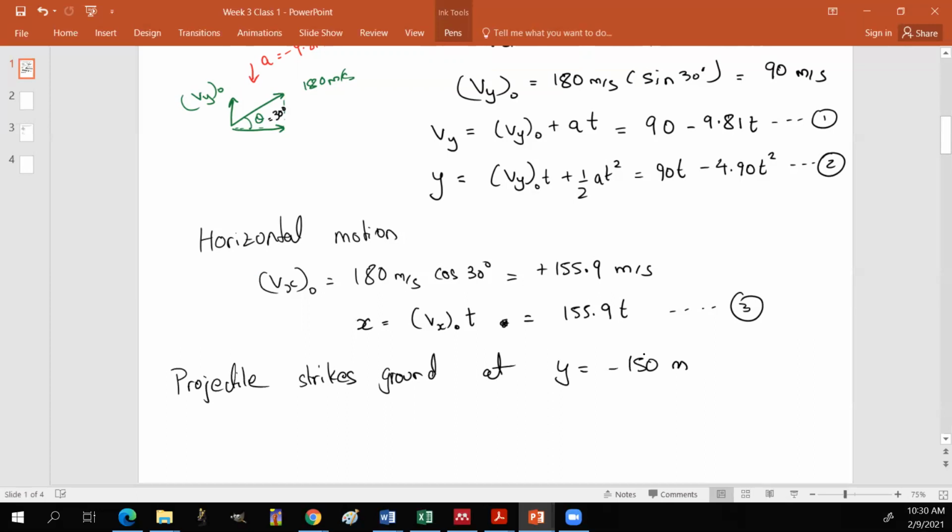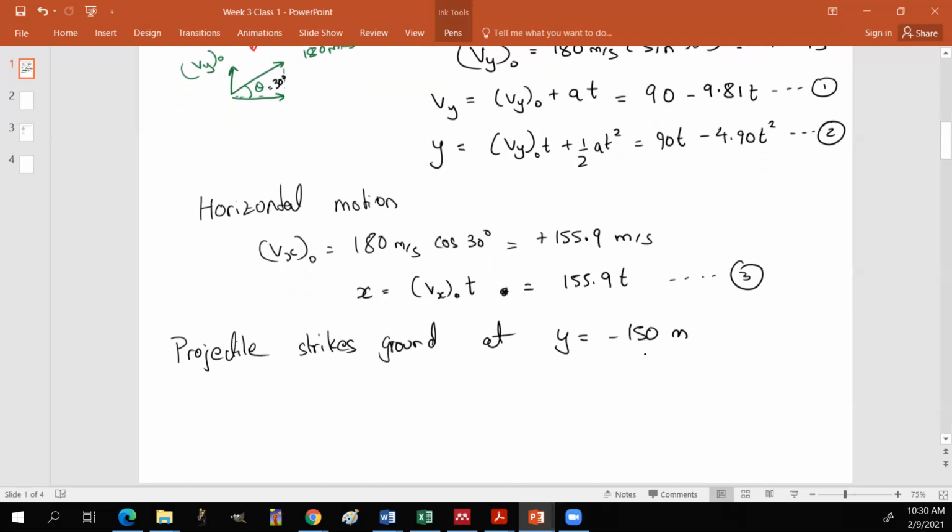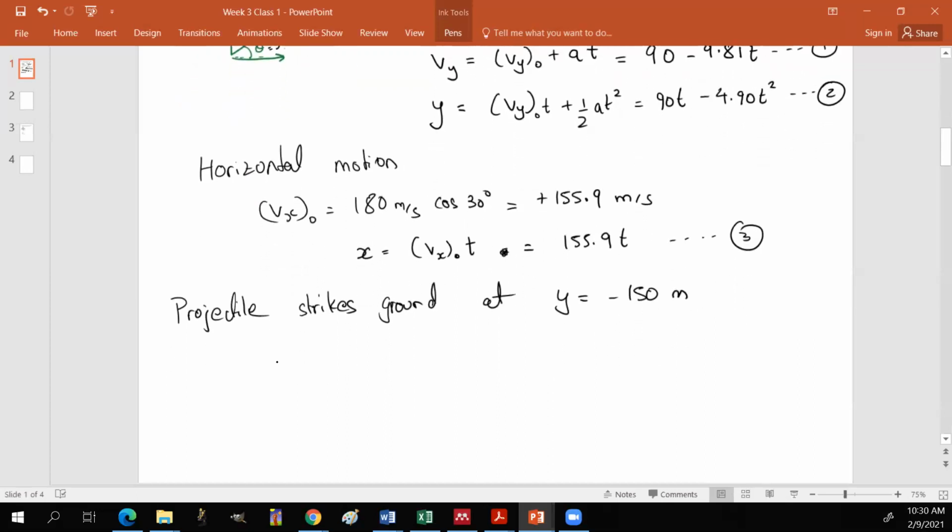So if we substitute that into expression 2, we get minus 150 equals 90t minus 4.90 t squared. Can you guys solve quadratic equations in your calculator real quick?